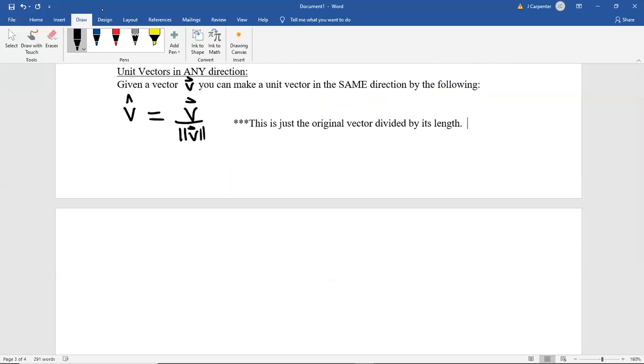All right, so example 4. Find a unit vector in the same direction as the vector u. It doesn't have to be v, it can be w, it can be any letter in the world.